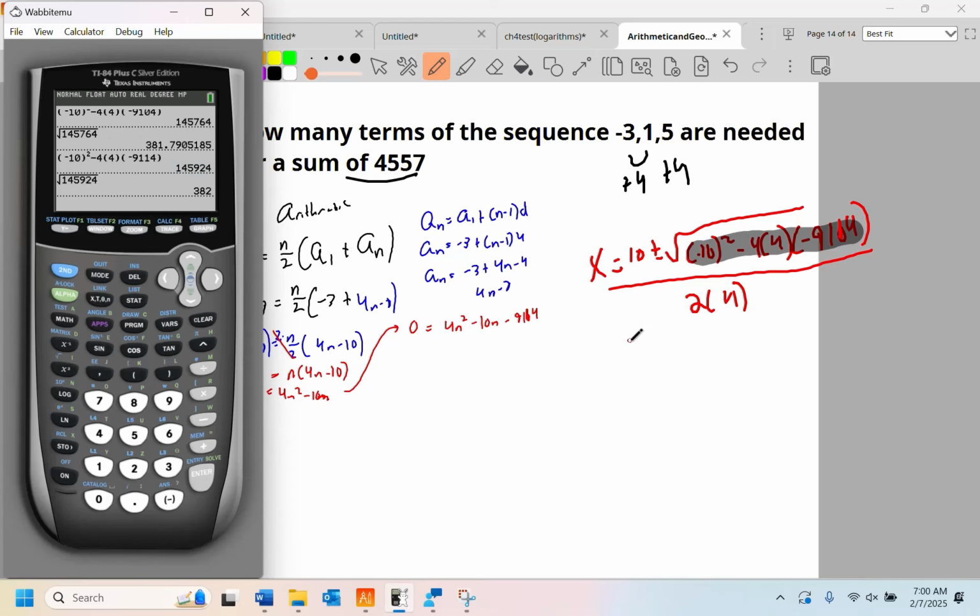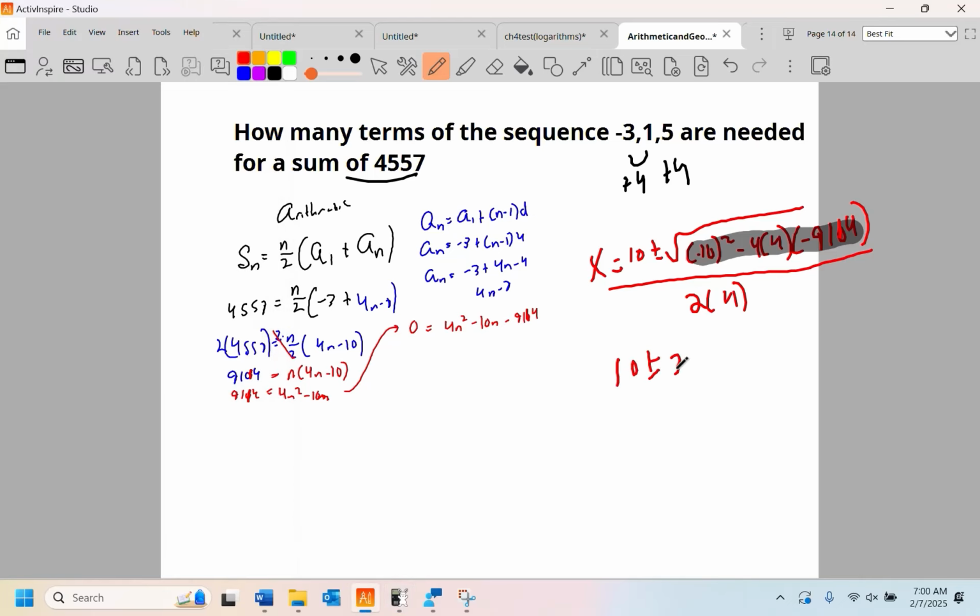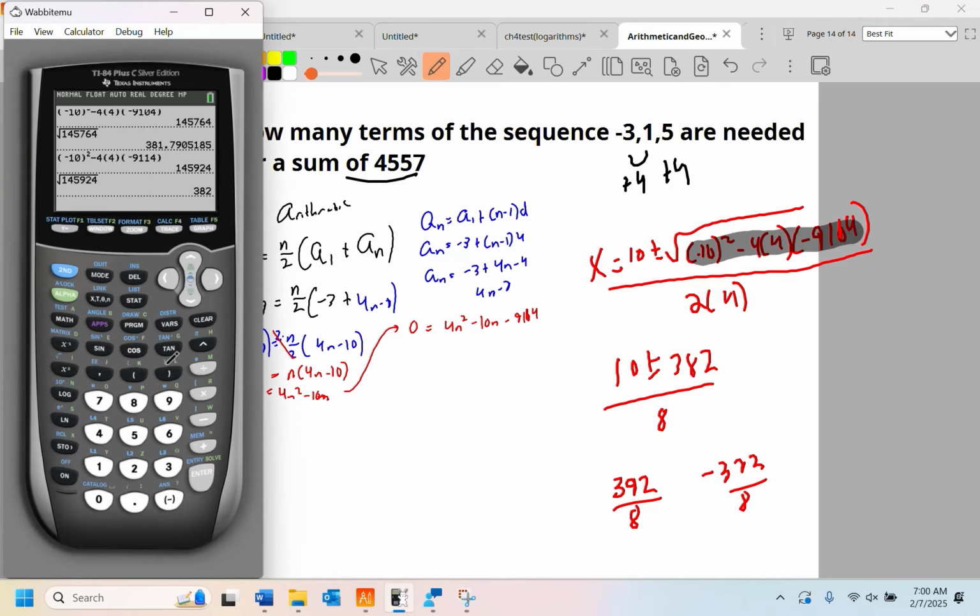Good, 382. 10 plus or minus 382 all over an 8. So if I do the 10 plus, I would have 392 over 8. If I do the 10 minus, I'd have negative 372 over 8. Well, you can actually have negative terms, but it wouldn't be a positive sum. 49.